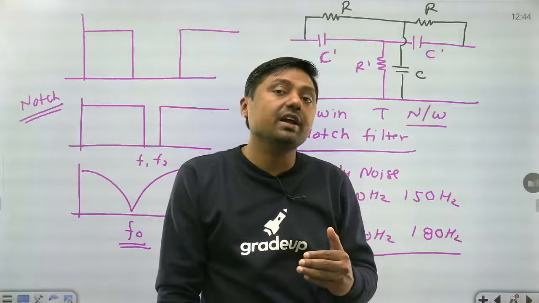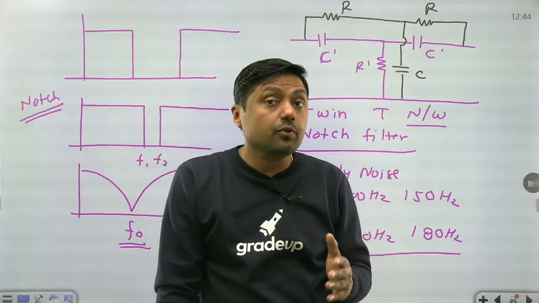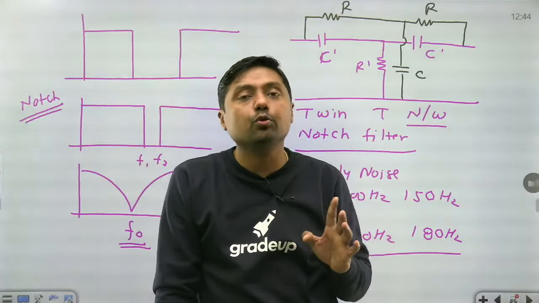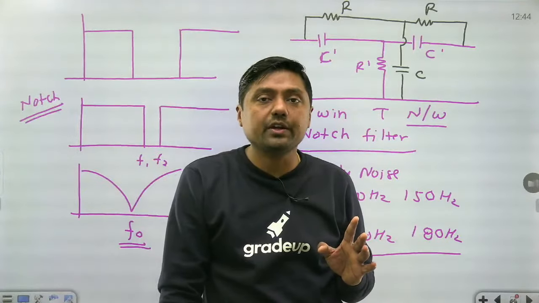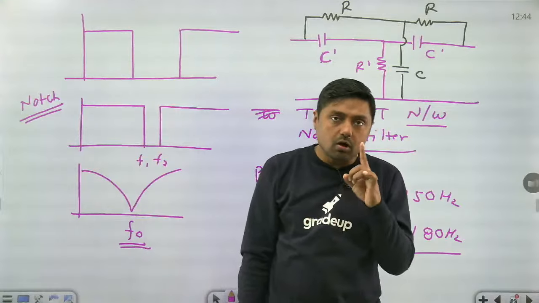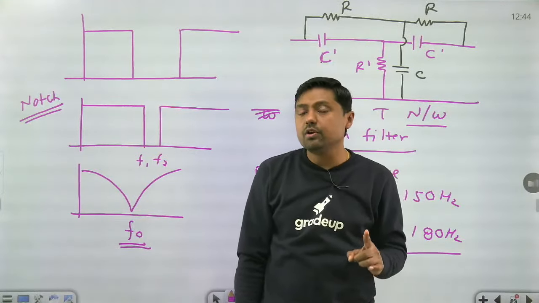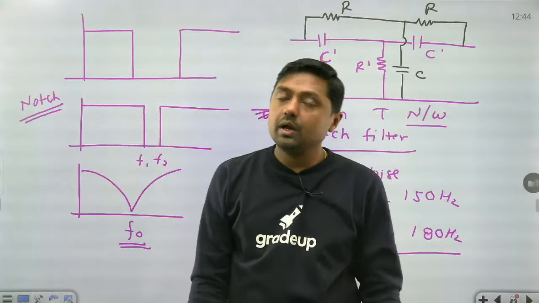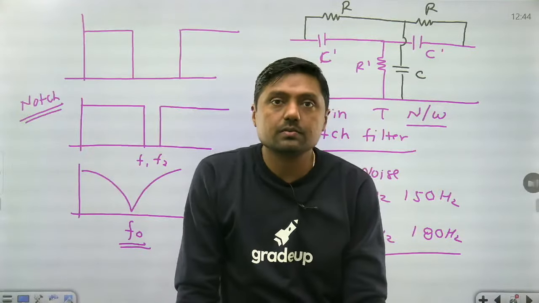Then we can change the gain margin when we connect it, but it will not affect the magnitude plot. Why? Because the gain is 1. An all pass filter will only affect the phase curve. It will not affect the gain curve.